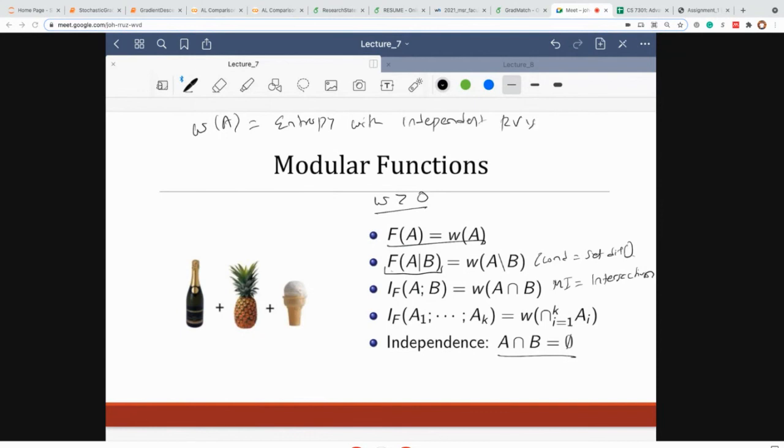So if you have X1, X2 until Xk, which are all independent, then the entropy of X_A is going to be the sum over i in A of h of Xi, because they are independent. So what is w of A? w of A is the modular function, so w of A is nothing but the sum over i in A of wi. Sorry, maybe I didn't define this earlier. We saw this briefly last time when we defined modular function, but I should have recapped it. So this is a modular function.